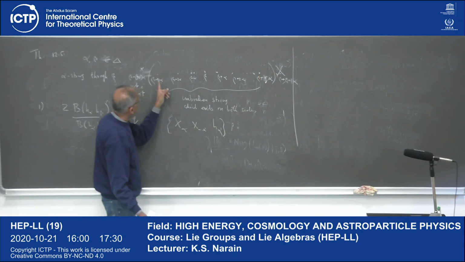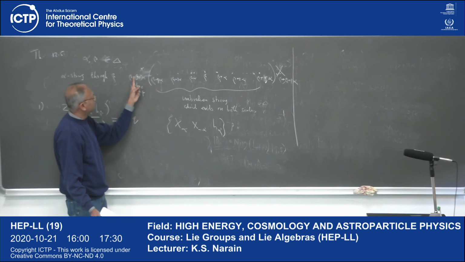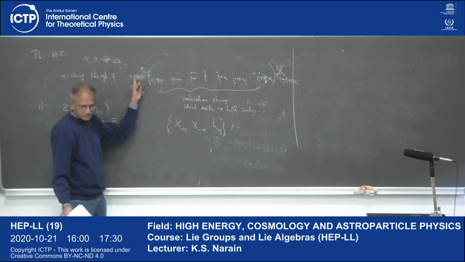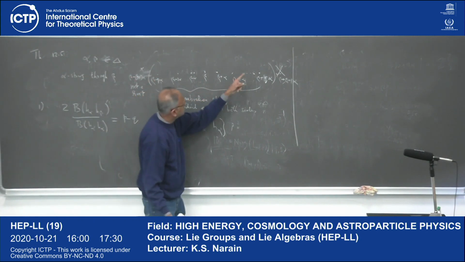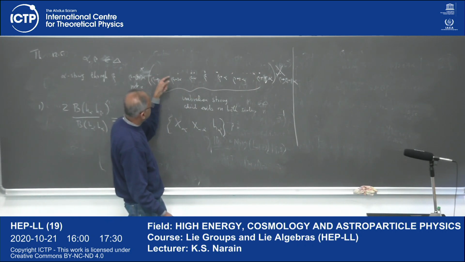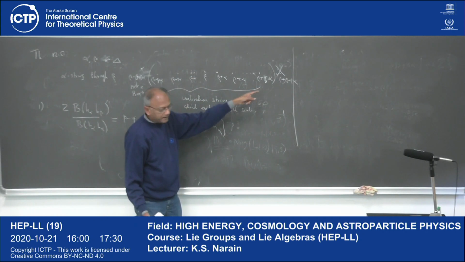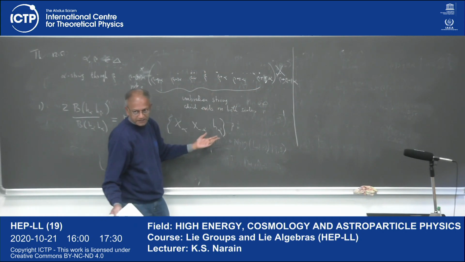Similarly, x_minus alpha acting on this would have taken you there, but this root is missing, so x_minus alpha annihilates it too. It's the lowest weight state. Then x_minus alpha will take you successively, step by step, down, and x_plus alpha will take you successively up. h_alpha keeps you in the same space. So this is a representation.